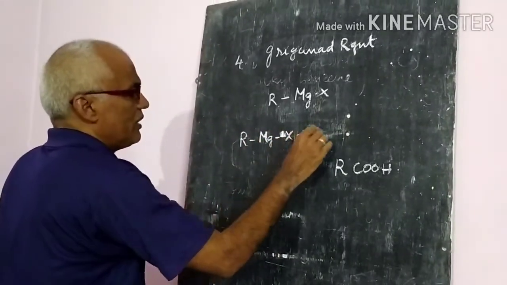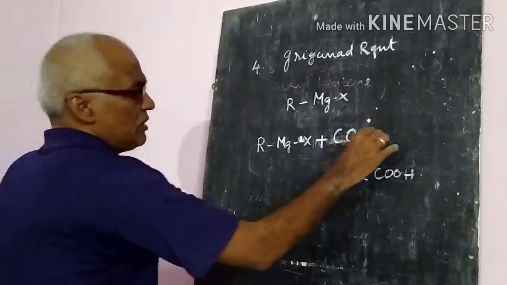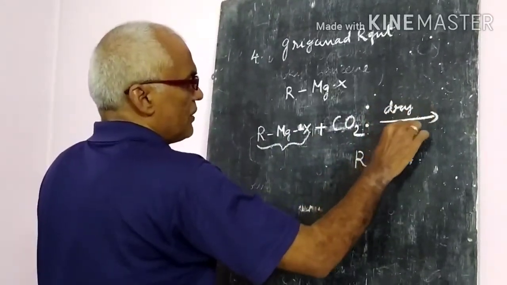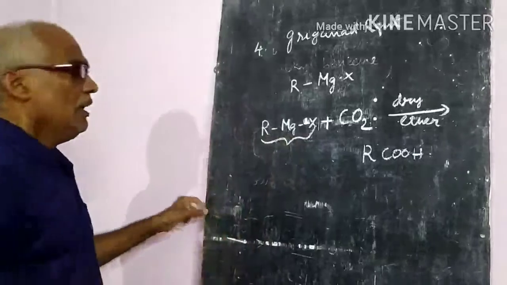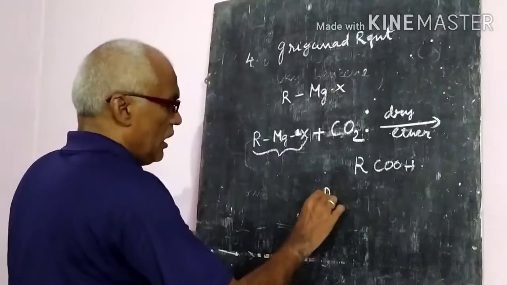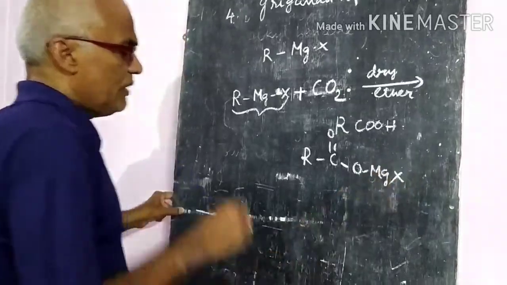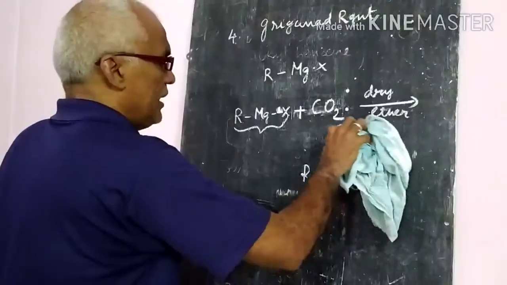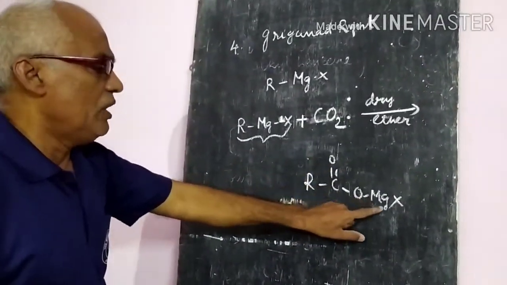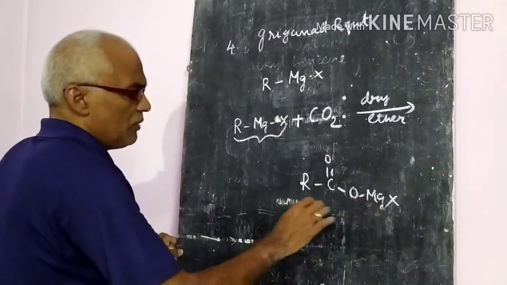Alkyl magnesium halide is treated with carbon dioxide gas, in the presence of dry ether only. On addition of carbon dioxide, it is first directly converted into RC double bond O MgX. That means carbon dioxide is added, and MgX is also added, so a carbonyl group is formed.